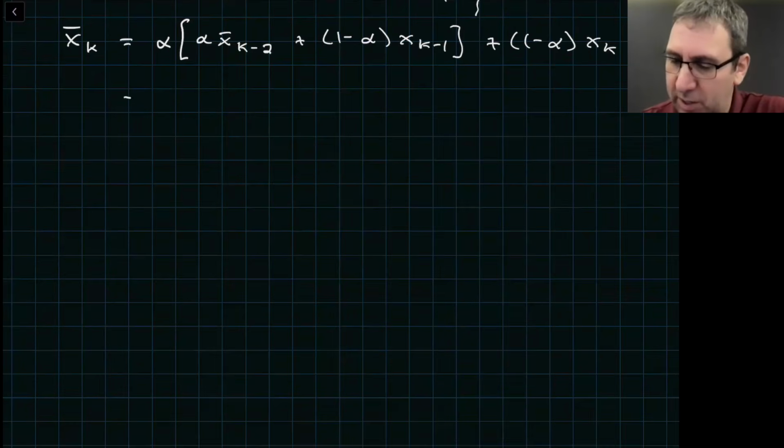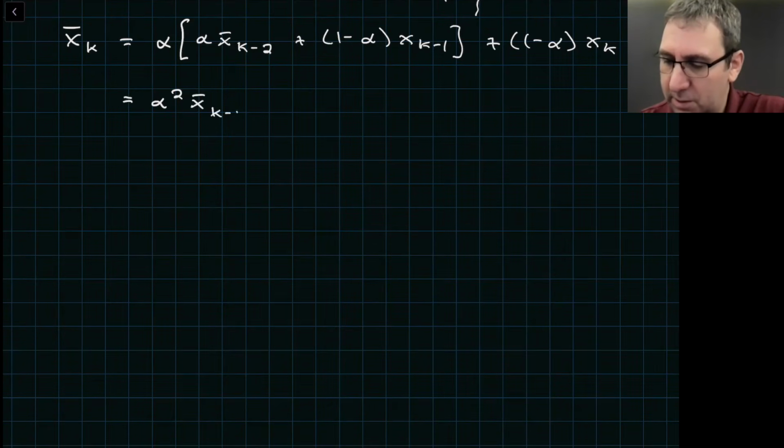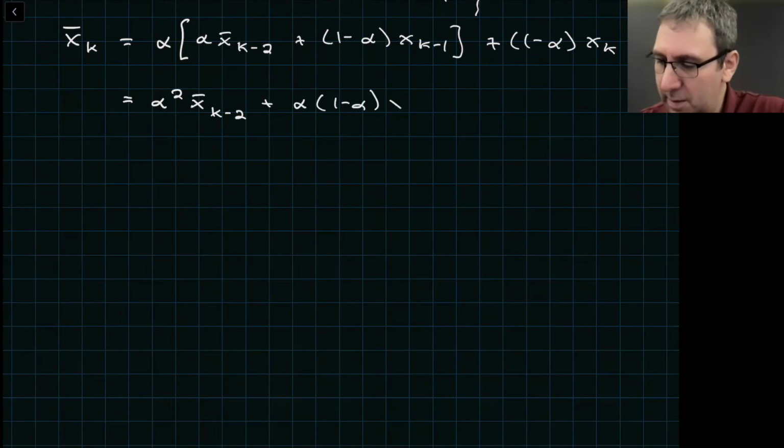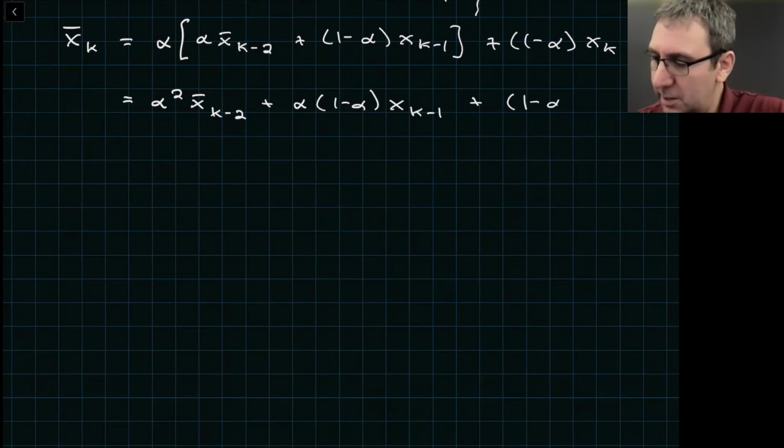And just expand things out here. Alpha squared X bar K minus 2 plus alpha times 1 minus alpha X K minus 1 plus 1 minus alpha XK.